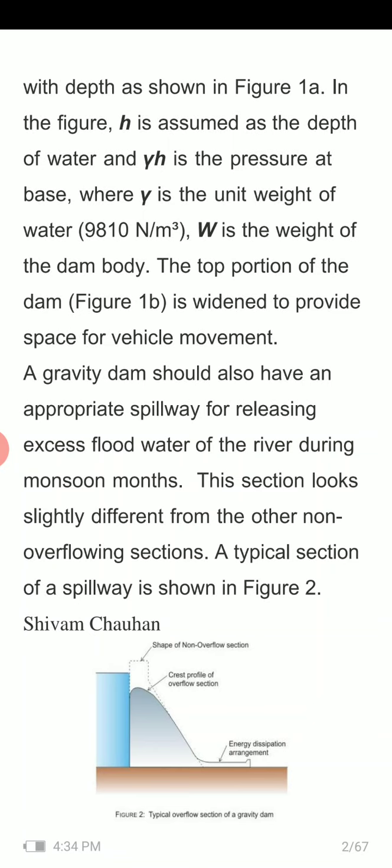Further, the energy dissipation arrangement is placed to cater to the excessive hydraulic energy from the spilling flood water, to prevent erosion and dissipate the energy of the high velocity flowing water. This energy dissipation arrangement is also known as a stilling basin.